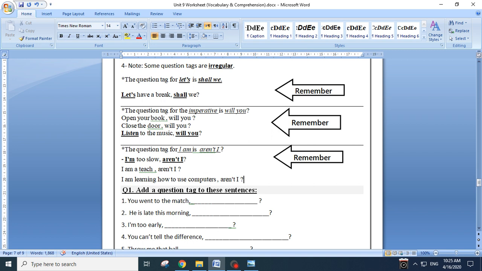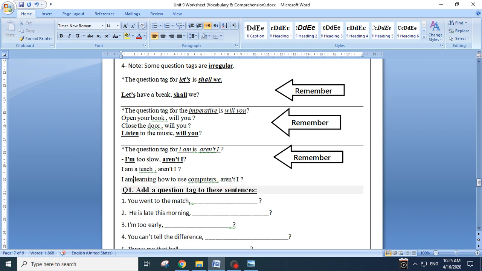So as you can see here, if the auxiliary in the statement is am, we have to use are, in the negative form, of course, if the statement is positive. And if the statement is negative, you have to use positive.